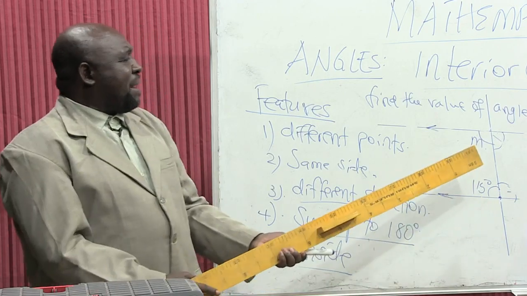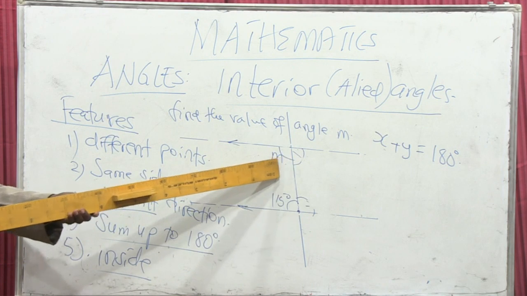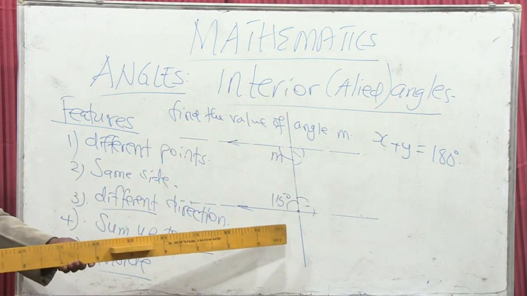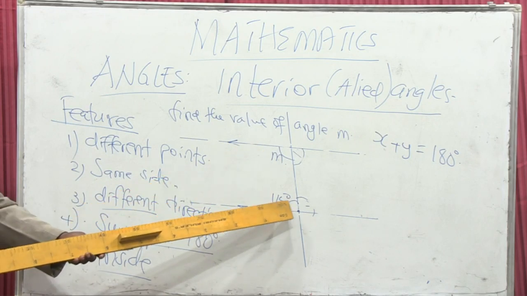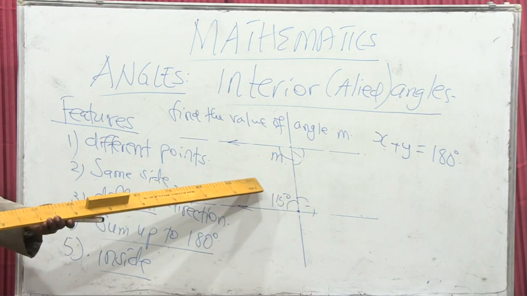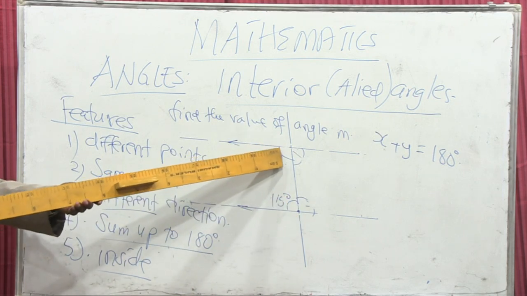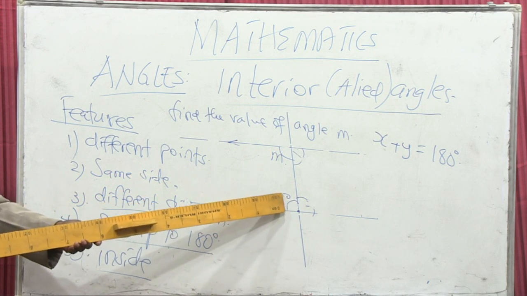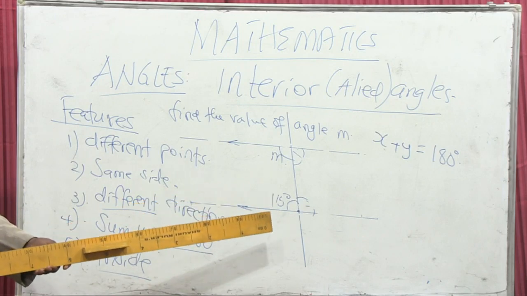And then you remember that M and 115 are on the same side with respect to this transverse line. And you see another feature: M and 115 degrees are looking in opposite directions. M is looking this direction, 115 degrees is looking that direction. So the side is the same, the direction is different.